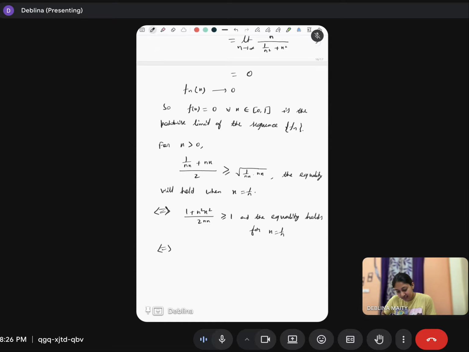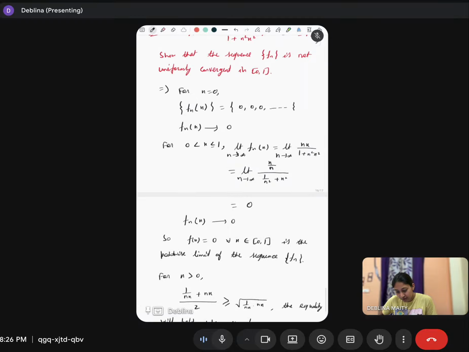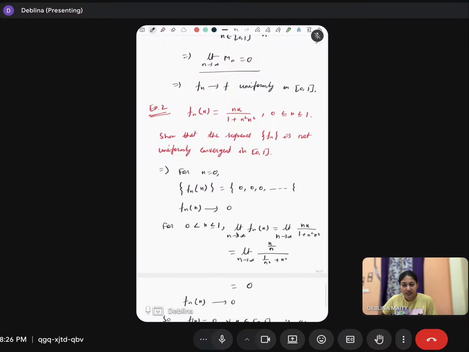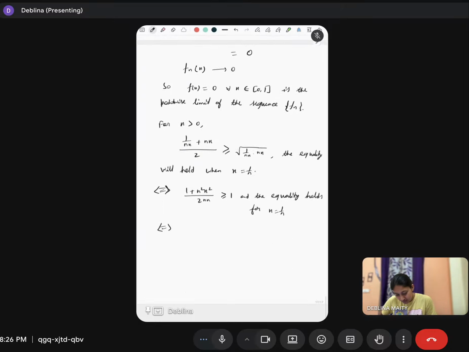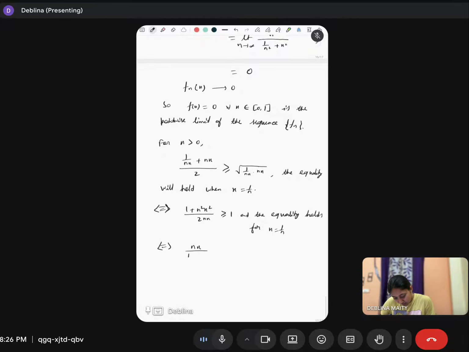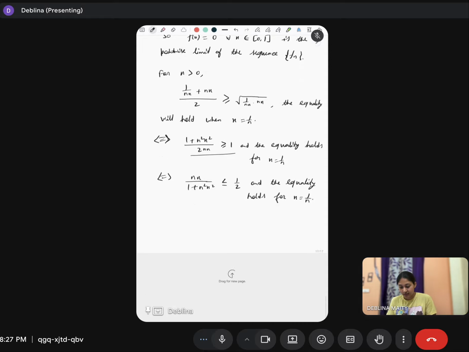And this line is same as, so our function was what? nx by 1 plus n square x square. So this means nx by 1 plus n square x square is less than or equal to 1 by 2, and the equality holds for x equals to 1 by n, right?